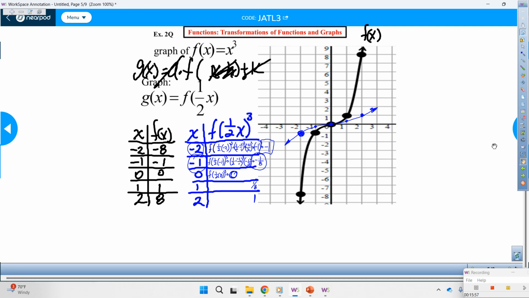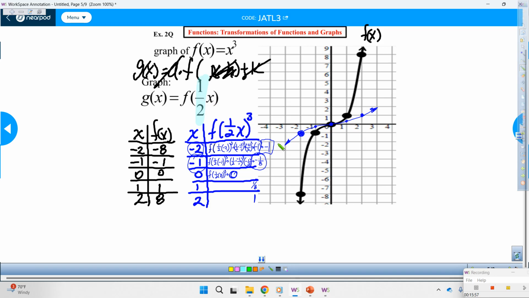So now that you see the transformation, before we move on, if I was to ask, let's say, Geo, what happens to the original function when there's a number multiplying x inside of the parentheses of the function, and specifically if it's in fraction form?